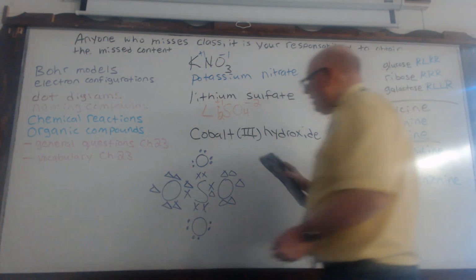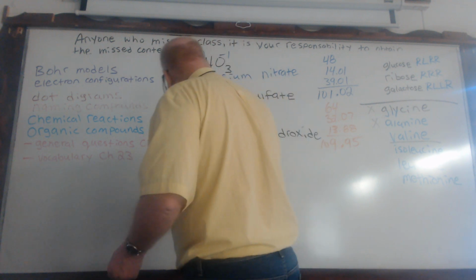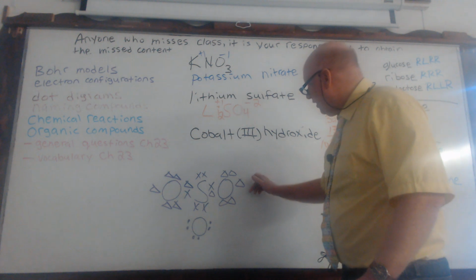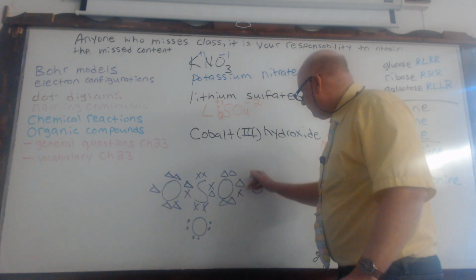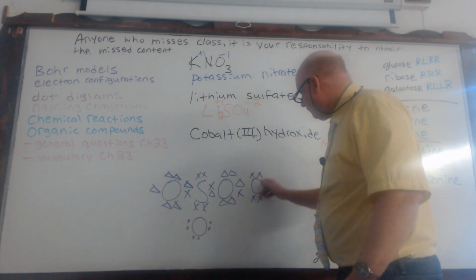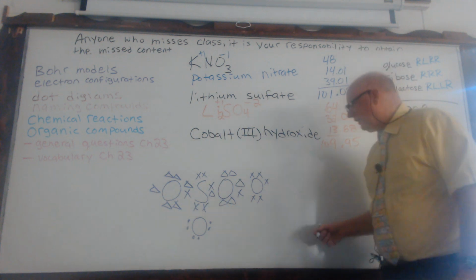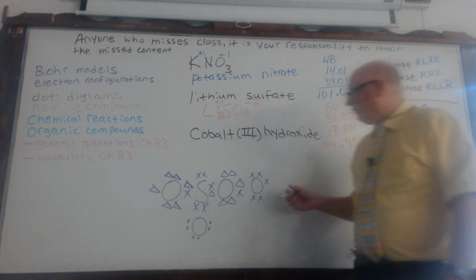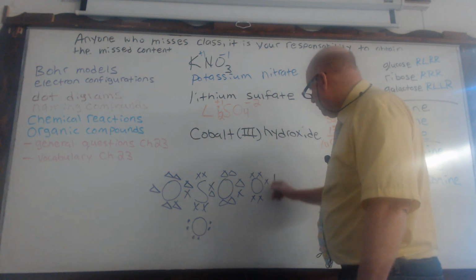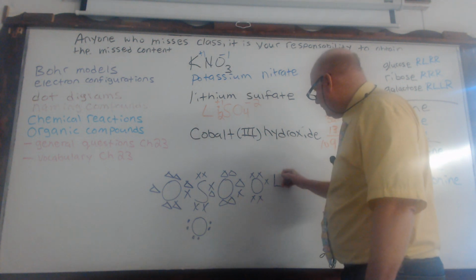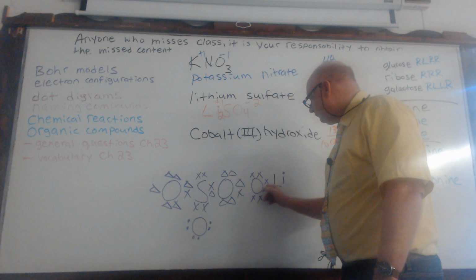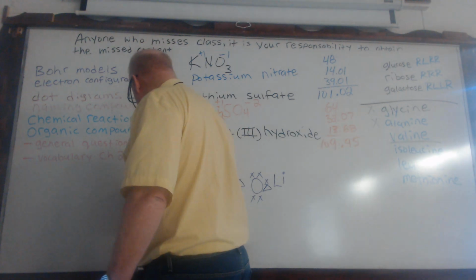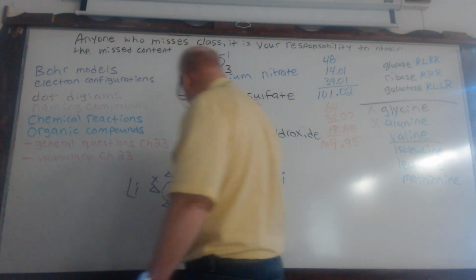Somebody will probably still do this, say, well, we can bond an oxygen on here, okay, because that's got 6. Yes, that's true. And then say, well, we could put a lithium on here because lithium's in column what? 1. So we could put 1 there. So logic would say we would do the same thing over here.